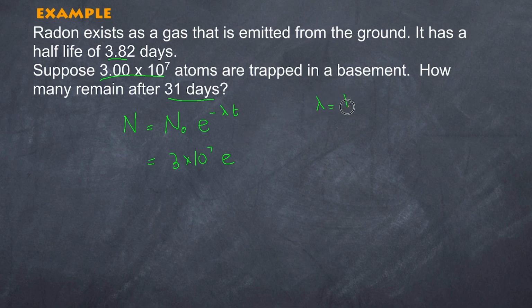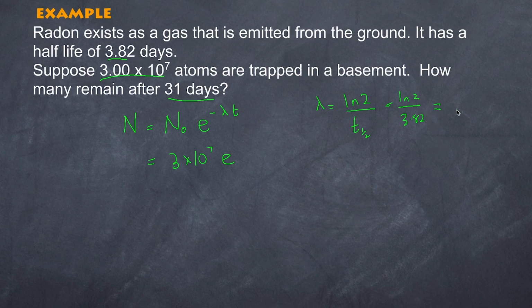We know that is the natural log of 2 over the half-life. So in this case we've got ln 2 over 3.82 days. This is in days, so therefore the time that we're going to use here must remain in days as well. So that's okay to use days. You don't have to convert it to SI units so long as you remain consistent.